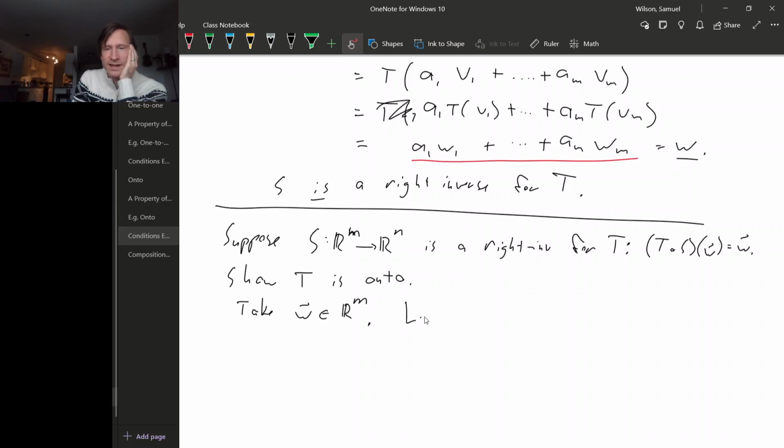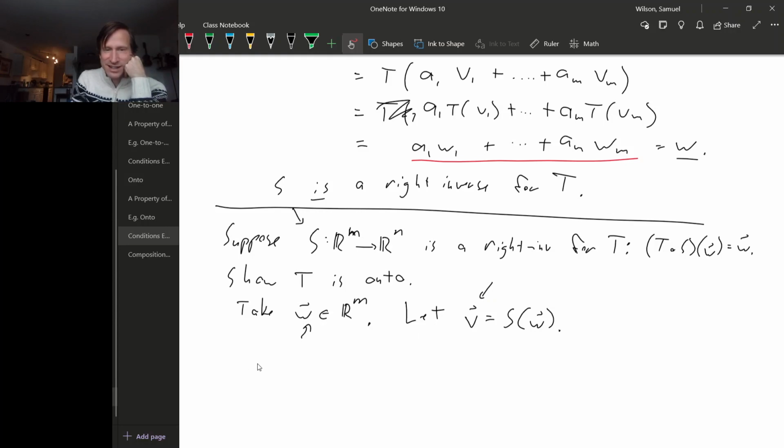What possibly could it be? How could we find something in Rn when we start with W in Rm? Well, there's only one candidate for how to find something in Rn when we're in Rm, and that's to use S. So let's let V be S applied to W. It seems like this is a good candidate.